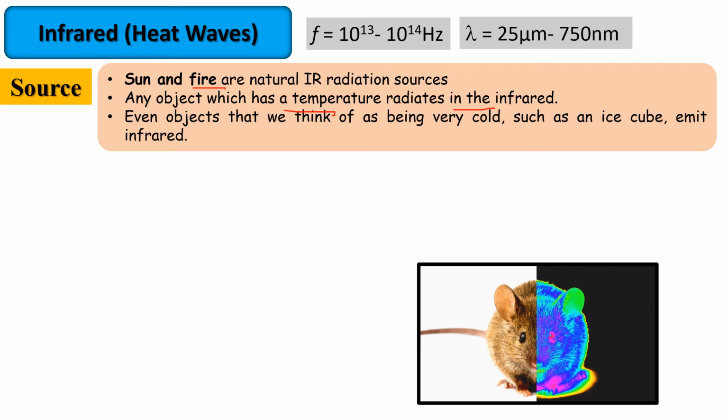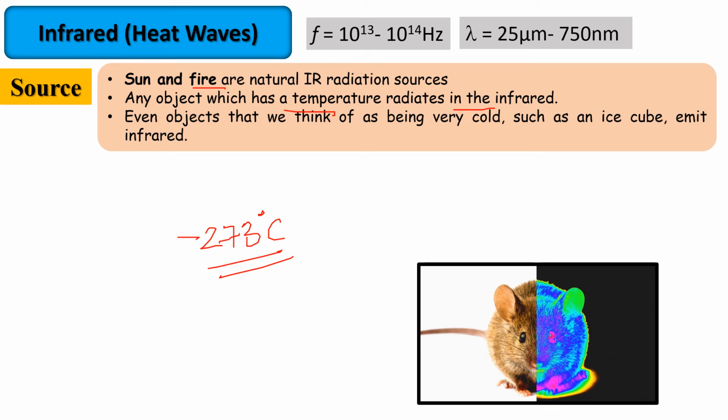So even we have temperature, so we are also continuously radiating infrared. So all objects above minus 273 degrees Celsius, or absolute zero, wherein the particles stop moving. Reaching this is difficult, but any object above this temperature will radiate infrared.